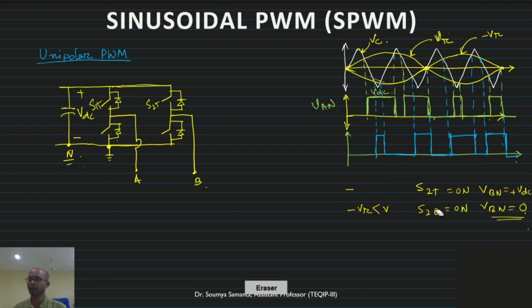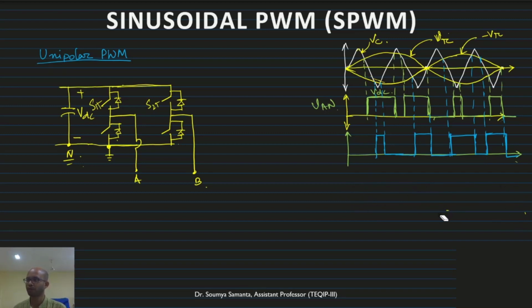Now if I combine them, we will get the final output voltage, V output. It means V output is VAN minus VBN. This is VBN. So what is the V output voltage? That is VAN minus VBN. So what will be the output voltage of this one?